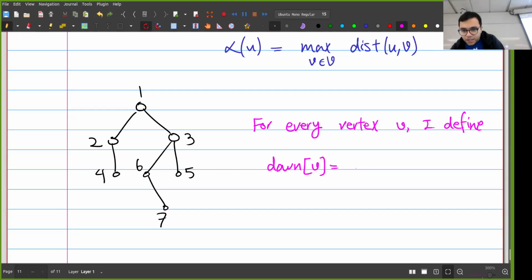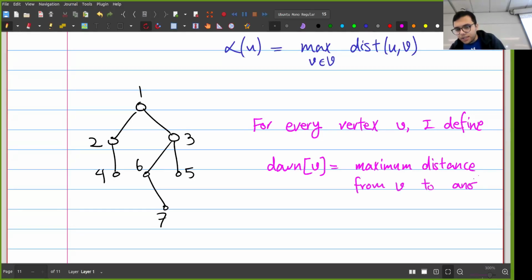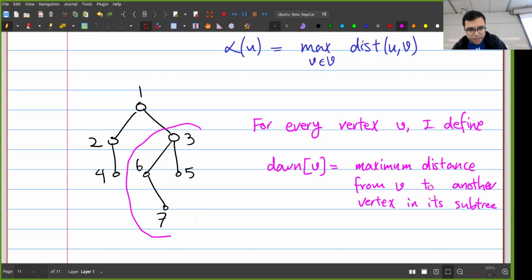Okay, so this is the maximum distance from V to another vertex in its subtree. So for example, if 3 is my vertex V, the maximum distance would be 2 because it can go to 7. Now, this is what we called height before. Right, this is basically the height of the vertex V. So we know how to calculate this one.